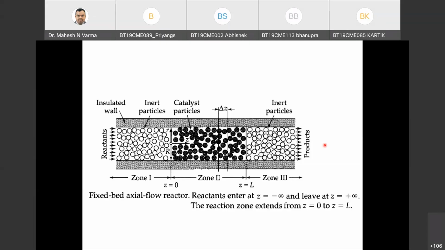Here we are interested in heat transfer. As soon as there is a reaction, the composition of the stream is changing from input to output. In such a case, instead of internal energy, it's better to handle the problem using enthalpy.